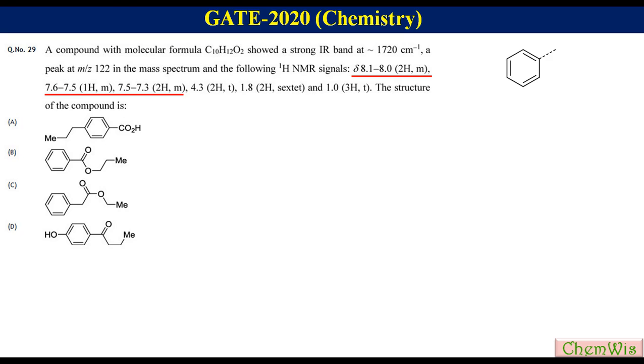A triplet at 4.3 ppm for 2H, a sextet at 1.8 ppm for 2H, and a triplet at 1 ppm for 3H suggest n-propyl ester group. Combination of these two fragments will give n-propyl benzoate.